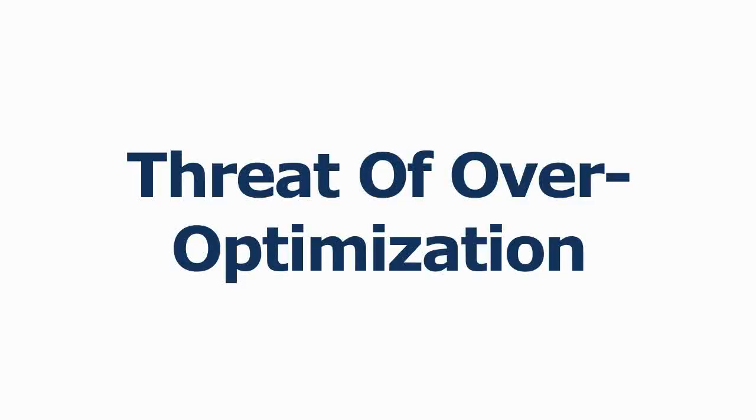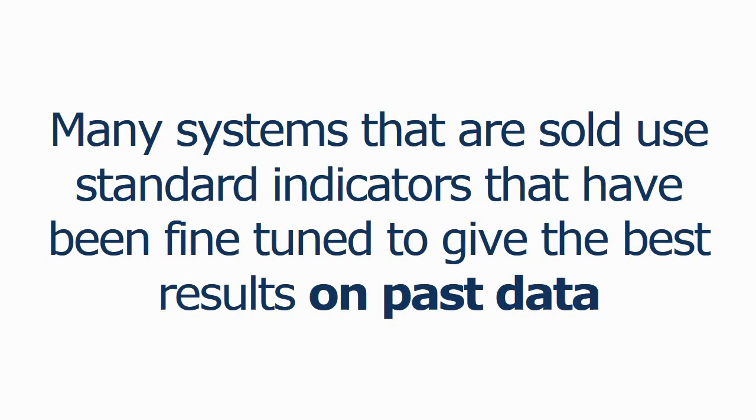And now there is a downside when you're searching for indicators that work for your style of trading and your plan. Many trading systems are sold using standard indicators that have been fine-tuned to give you the best results on past data. They package it up and they sell it without taking into account changes in the market behavior.